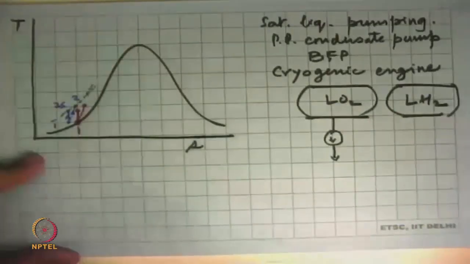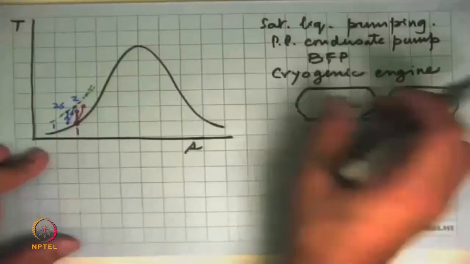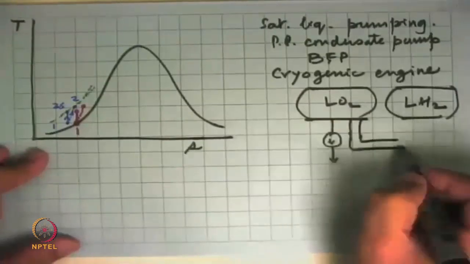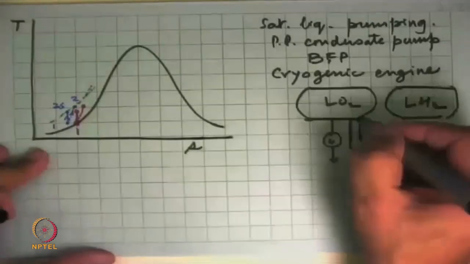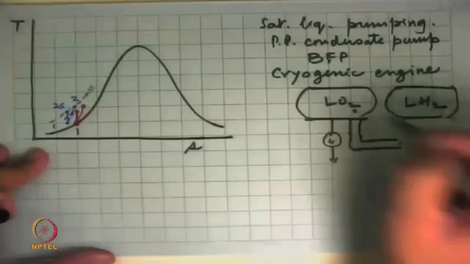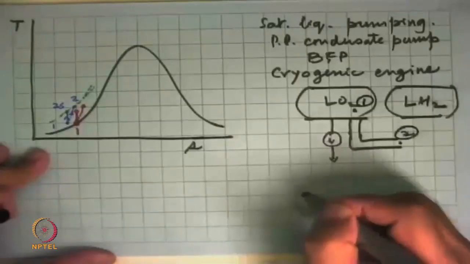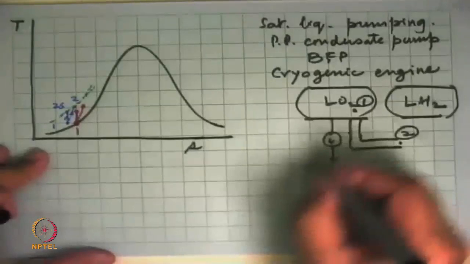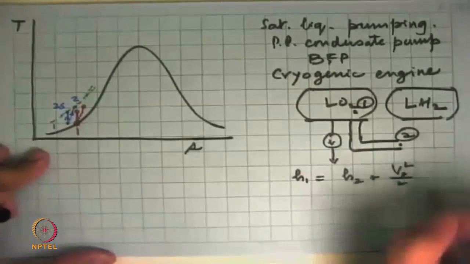So here is the problem that happens with saturated liquid. Saturated liquid is a static case, but if I have a condition where it begins to move in a pipe, then because its velocity is increased, and what we have learned from thermodynamics is that here and here, if I apply the first law, here velocity is 0, here velocity is finite, so this was state 1, this is state 2, all the assumptions of steady state flow we take, then H1 is equal to H2 plus V2 square by 2.